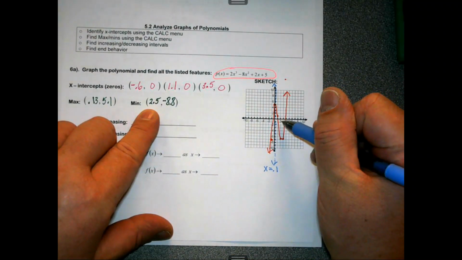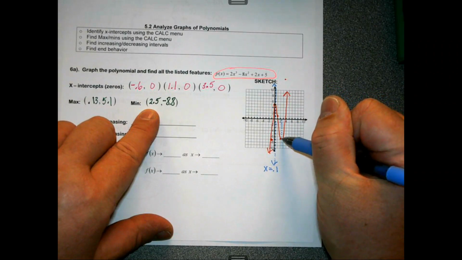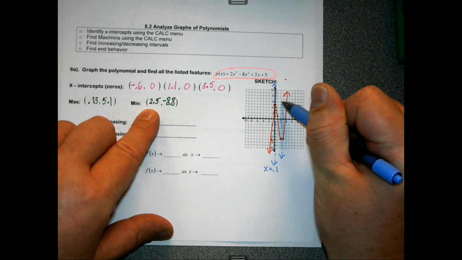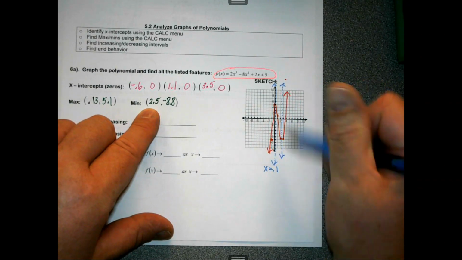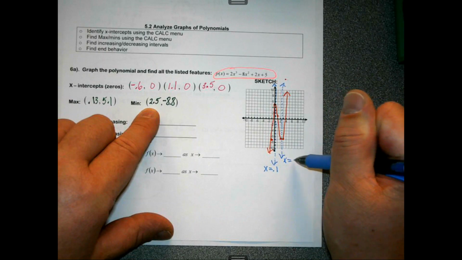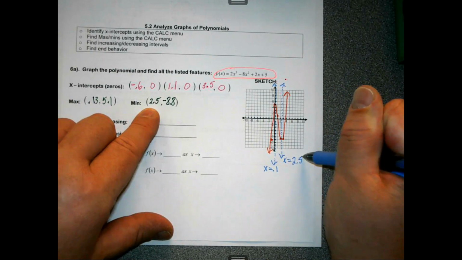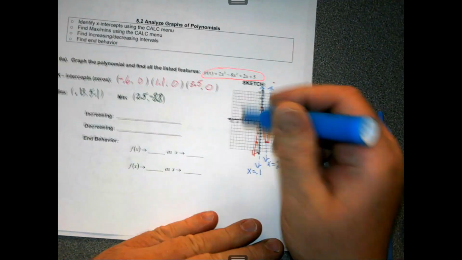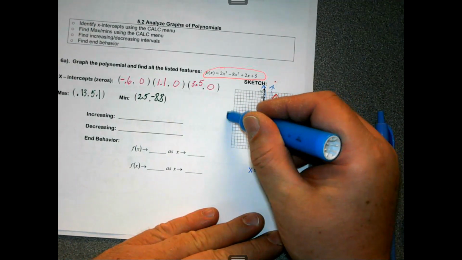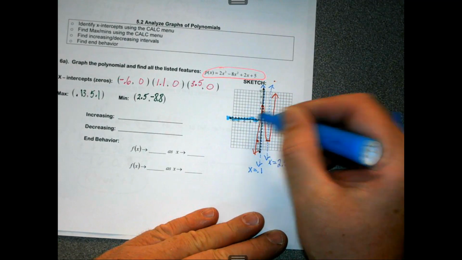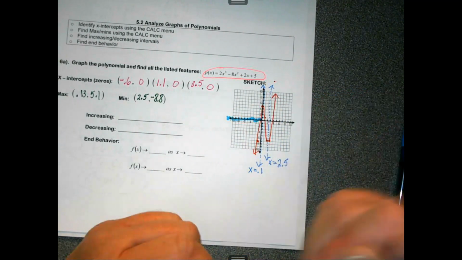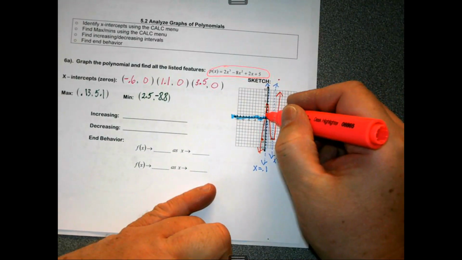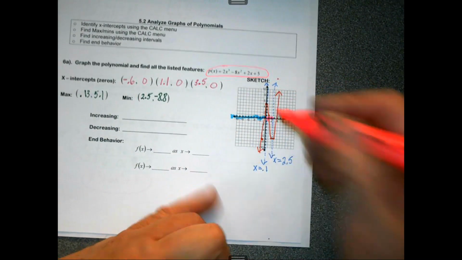2.5, 2.5. X equals 2.5. So here's my intervals, right? I got from negative infinity to 0.1. Then I've got 0.1 to 2.5.